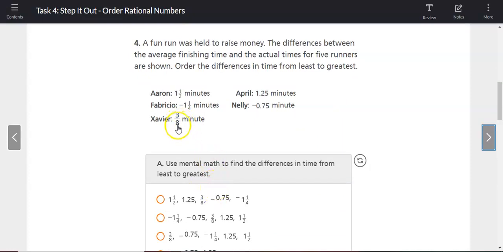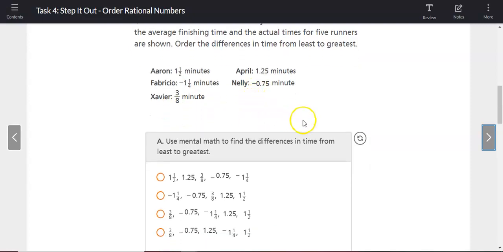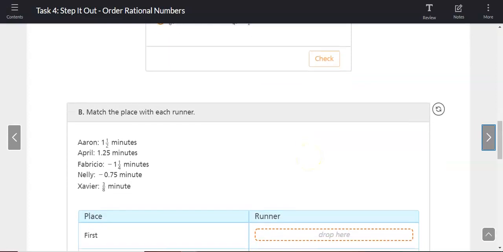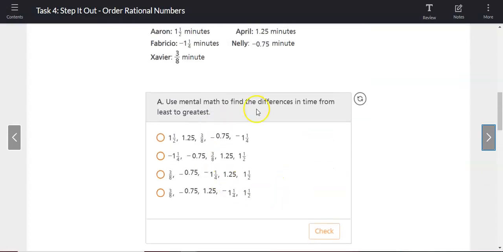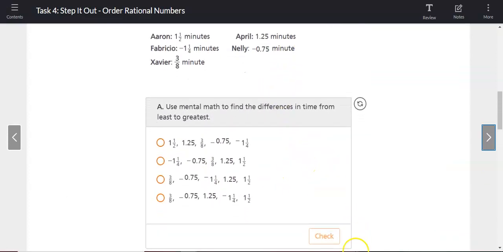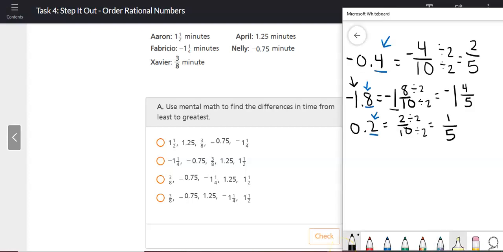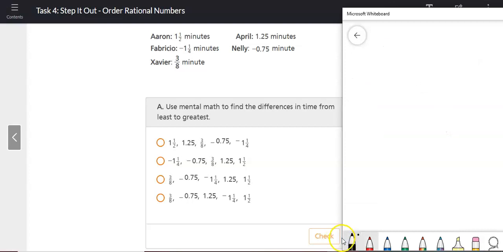Fabrico, -1 1/4 minutes. Xavier, 3/8 minutes. April, 1.25 minutes. Nellie, -0.75 minutes. So what they did here is they're making it a little harder on us than what we have been doing because we have to do all that solving without the drop-down boxes.